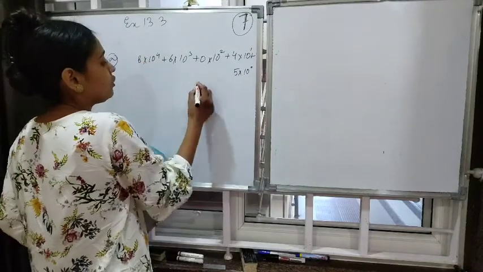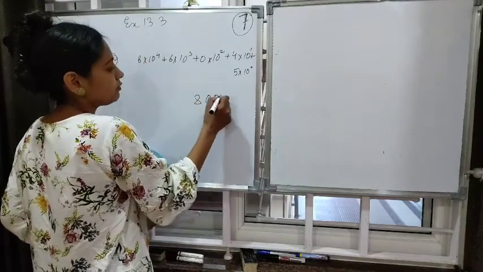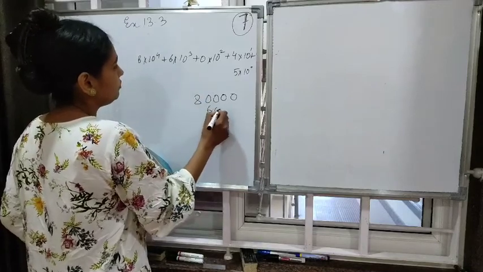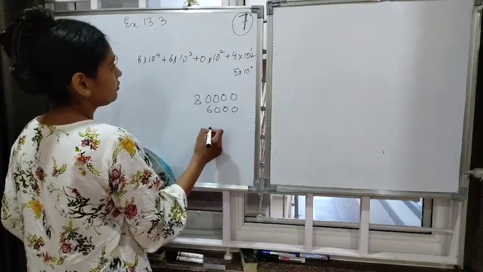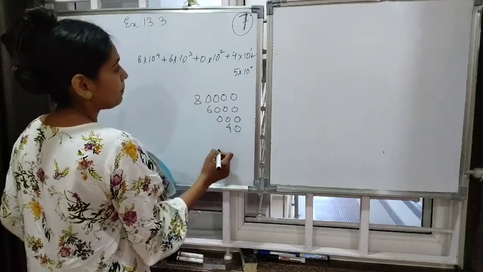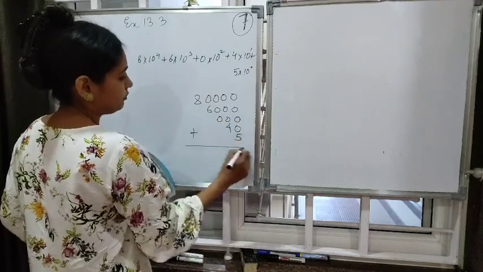So 8 into 10 raised to 4 means this number, then this number, then this number, then 40, then 5. Add.